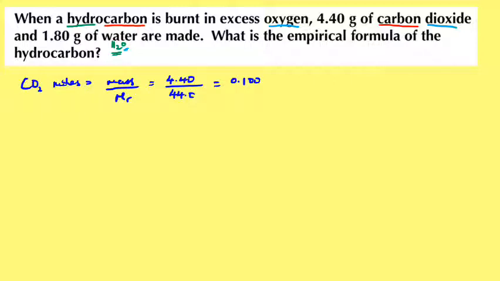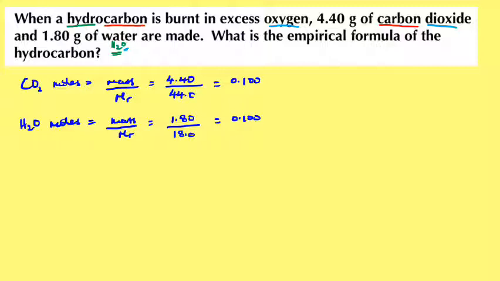And in exactly the same way, we can work out the number of moles of water. So the number of moles of water is also equal to the mass over Mr. And we've got 1.80 grams of water, and the Mr of water is going to be 2 plus 16, which is 18. And that is also 0.100.